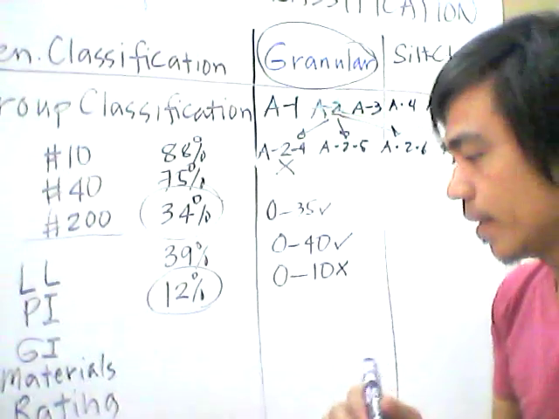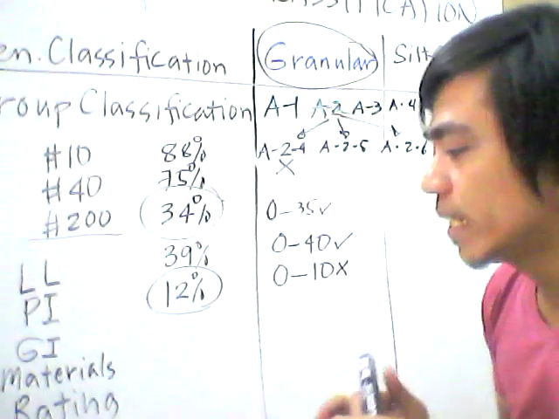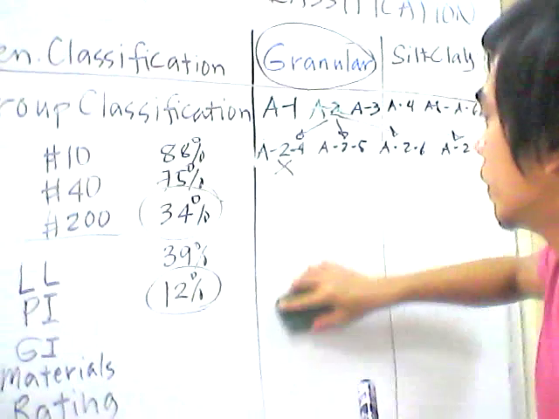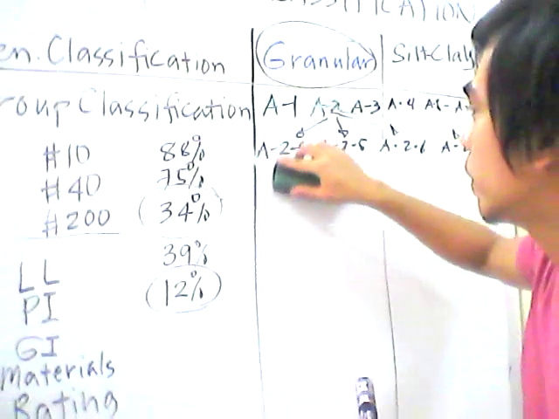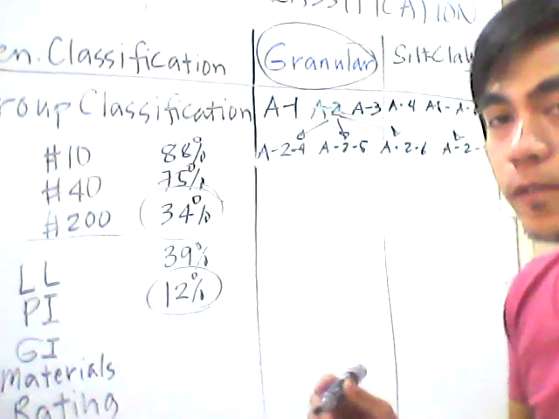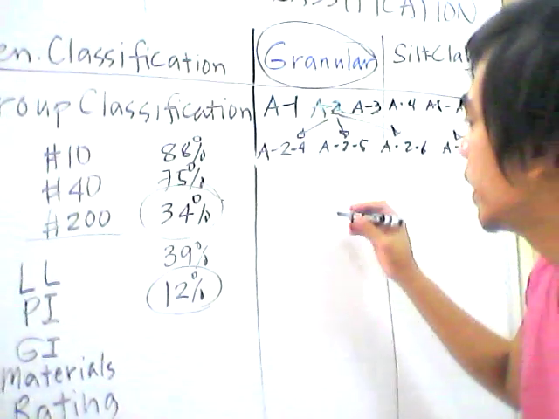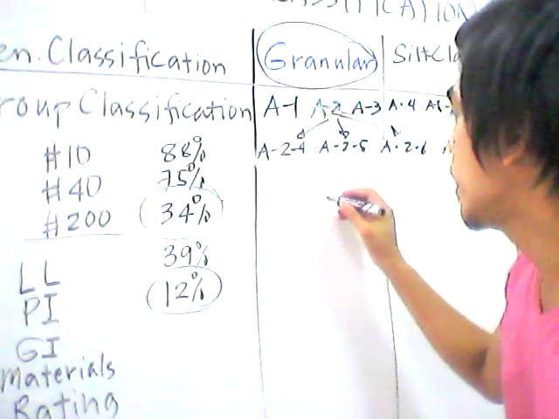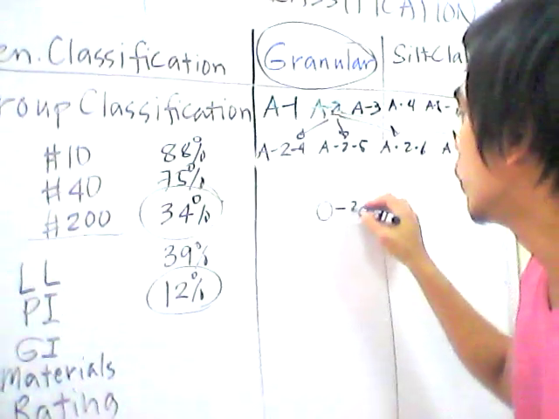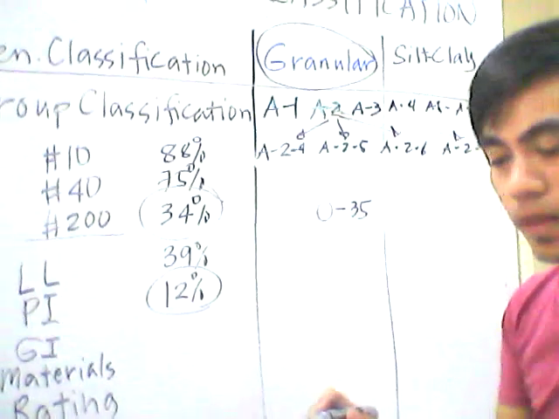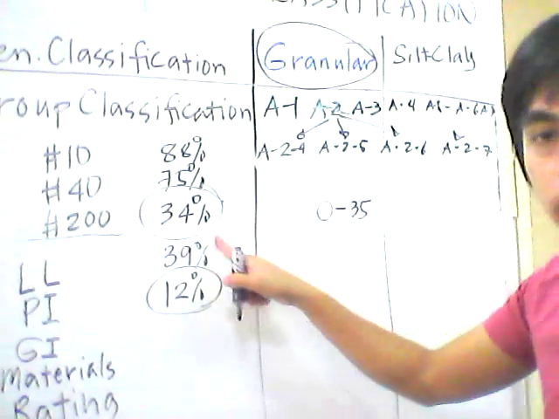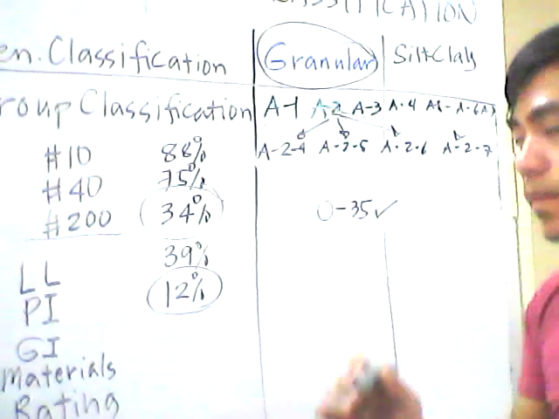Okay? Next, let's try A-2-5. Under A-2-5, number 200 passing, the AASHTO requires us to have 0 to 35. Okay, 0 to 35. Again, our data is 34, so this is okay.